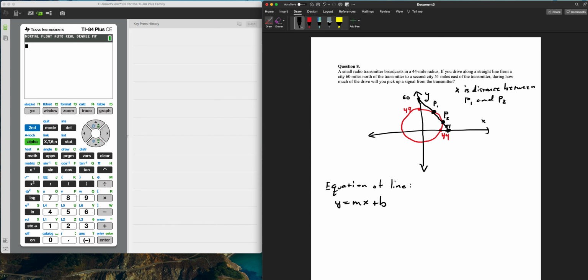M is the change in y over the change in x. We changed 60 units down, so negative 60, and we changed 51 units to the right. So it's negative 60 divided by 51, x plus 60.